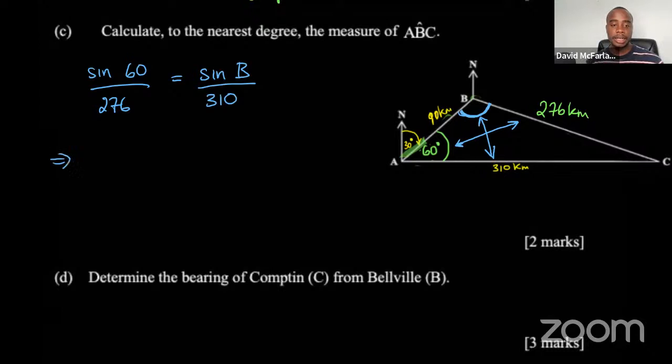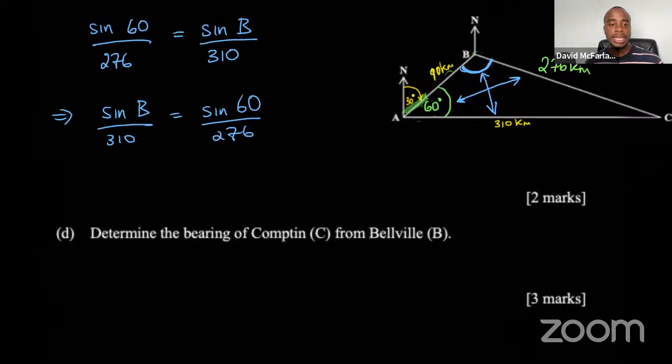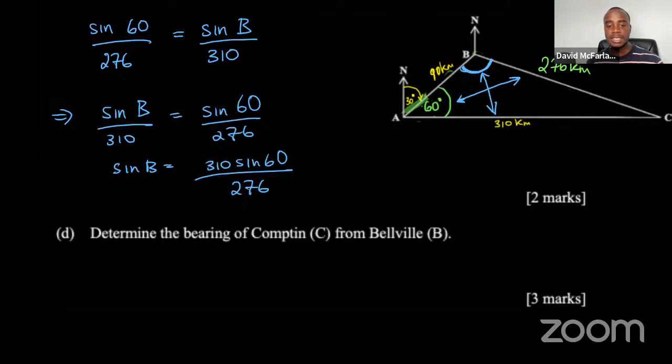So now let's try that. Like yesterday, let's just throw it straight in this time. So sine B to 310 is going to be equal to sine 60 to 276. And I want sine B by itself, so I can multiply both sides by 310. So sine B is going to be 310 sine 60 divided by 276.